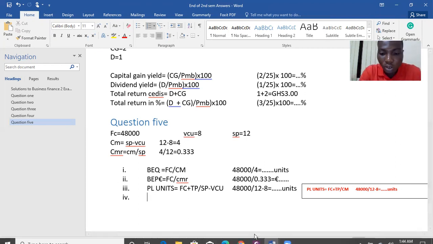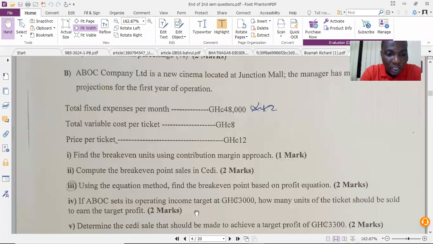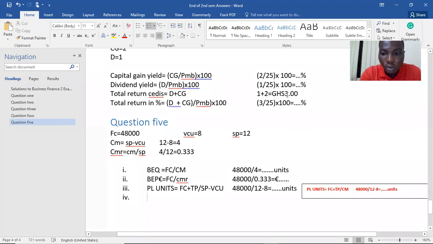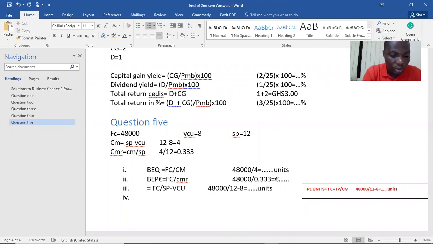Now let's look at the next question. If Bio sets its operation income target at 30,000, oh sorry. Okay, this one is not target, so this one is not target profit. This one is break-even, the same break-even point in quantity here.